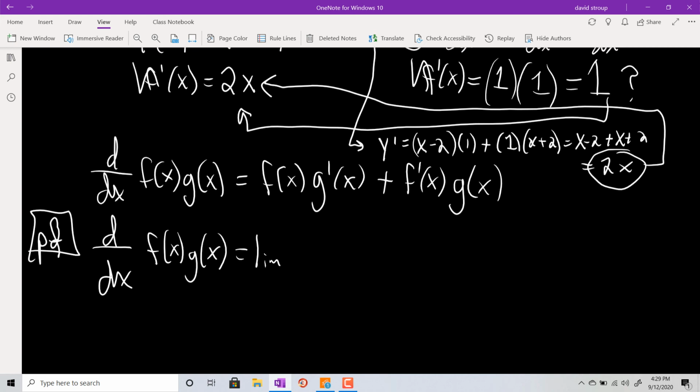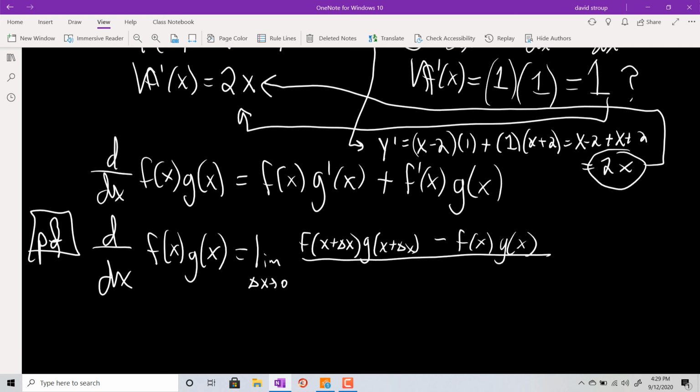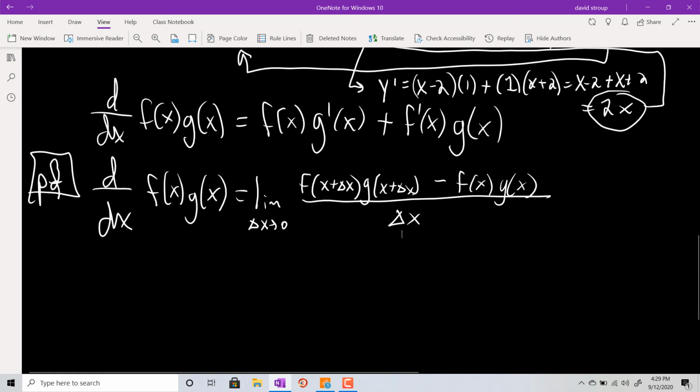Okay, so this is the same as the limit as change in x goes to 0 of f of x plus change in x, you just put x plus change in x in the product, times g of x plus change in x, and then minus f of x times g of x, all over change in x. That's just our limit definition for derivatives.